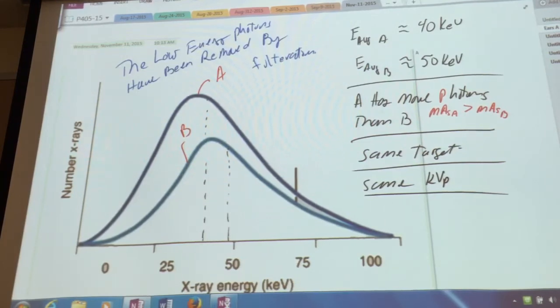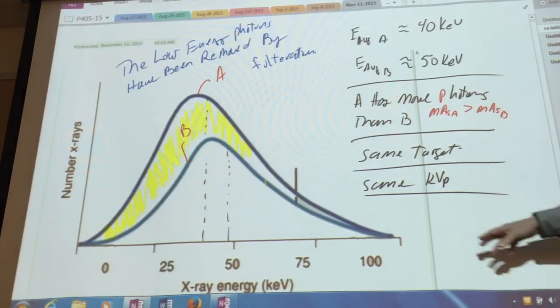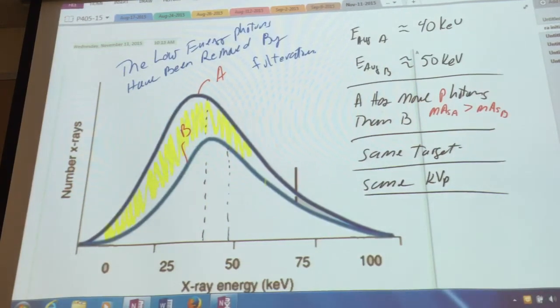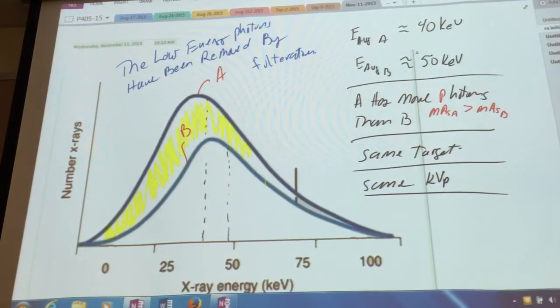So what we're saying is that the low energy photons have been taken away. This is the part that's been removed. So all of those photons got absorbed in the filter. Notice that the filter doesn't really affect the high energy photons very much. The filtration strongly affects the low energy photons.